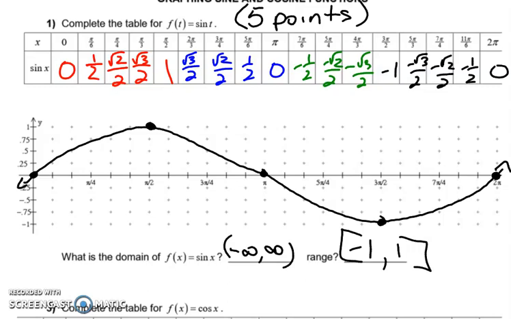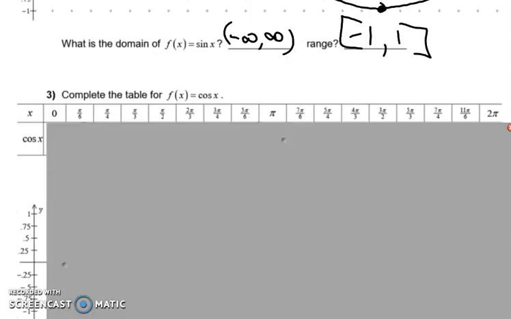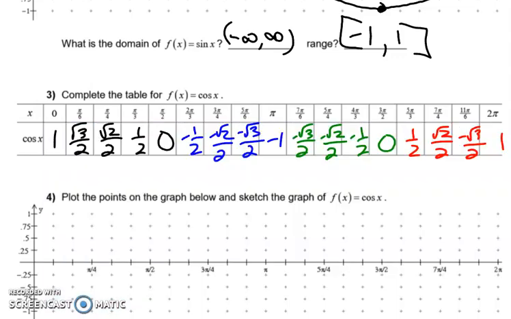So I want you to pause, take a moment, and fill in the table for cosine. Okay, again noticing that the angles are in radians, fill in the values for the cosine of x. You should have the following values. So once again, we are going to plot our 5 points.